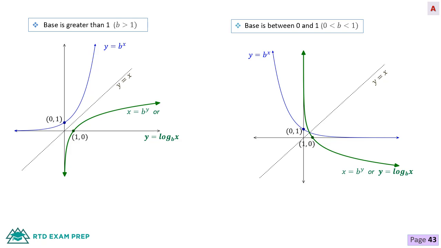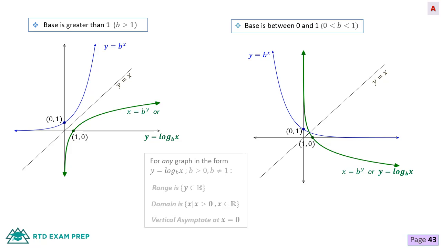So if we remember that exponential functions with a base greater than 1 rose as we went from left to right, and that exponential functions with a base between 0 and 1 were falling as we went from left to right, then we can imagine what the inverse graph would look like.